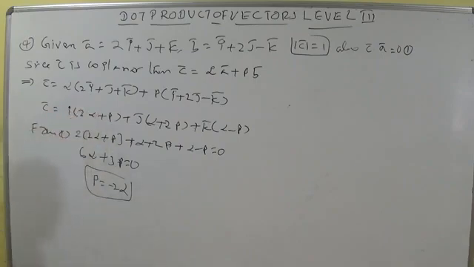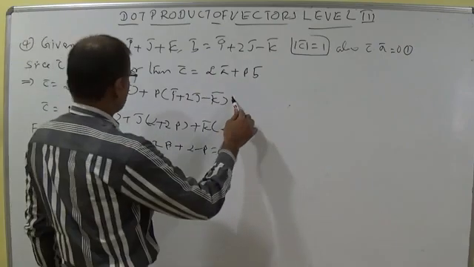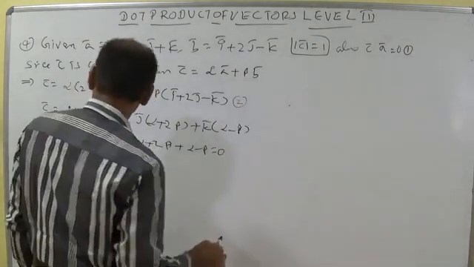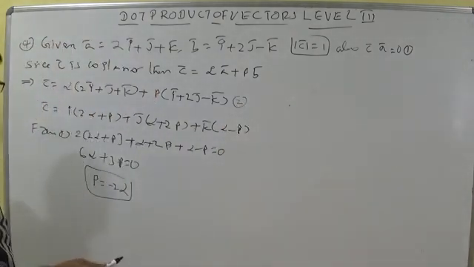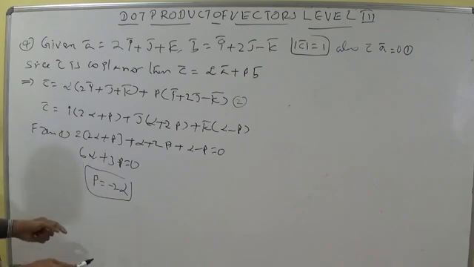Beta is equal to minus 2 alpha; call this equation 2. If we substitute this value, we may get the value of alpha.